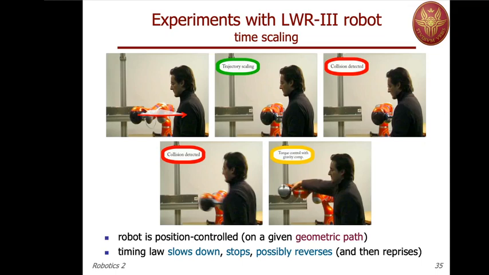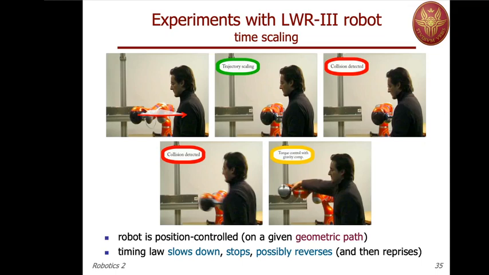The trajectory is being scaled, possibly stopped, and possibly also reversed if the user is pushing against it. When the collision is detected, however, so when the residual is too large, then there is a reaction and the robot goes, for instance, in torque control with gravity compensation, which is the floating mode with zero gravity.